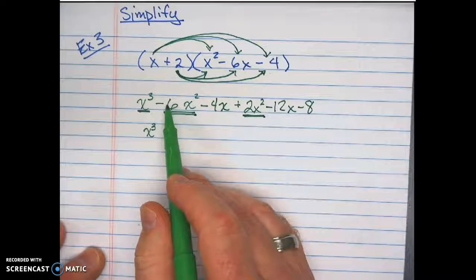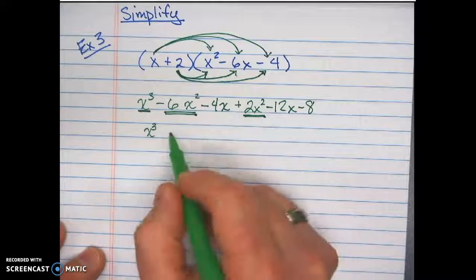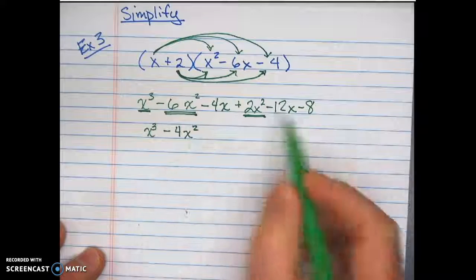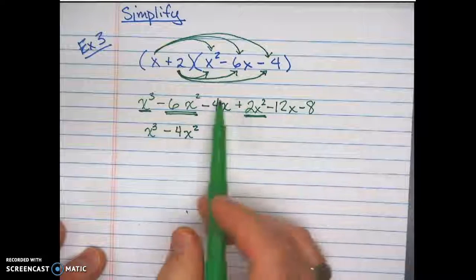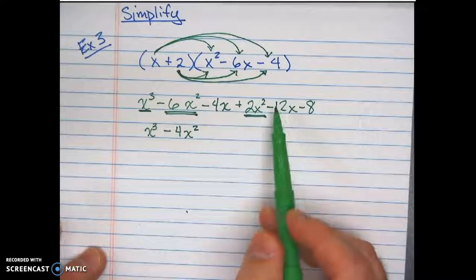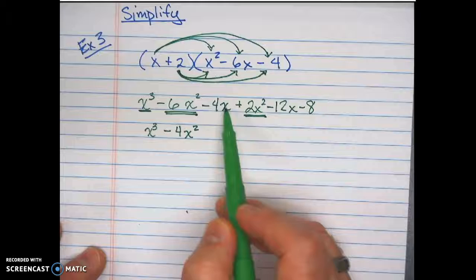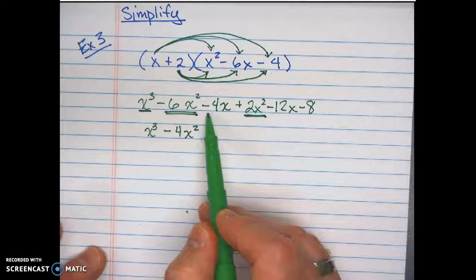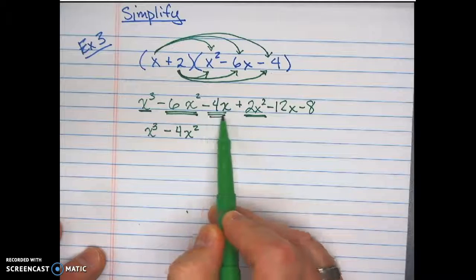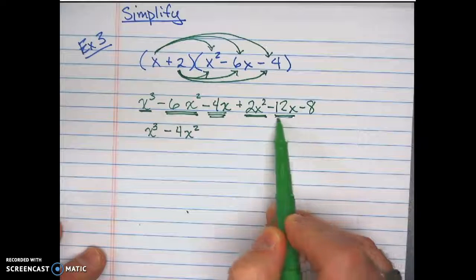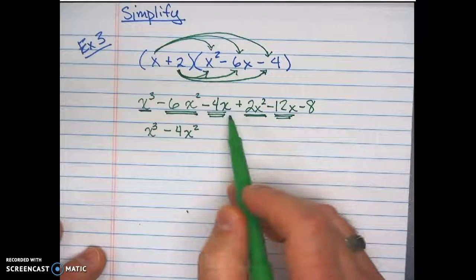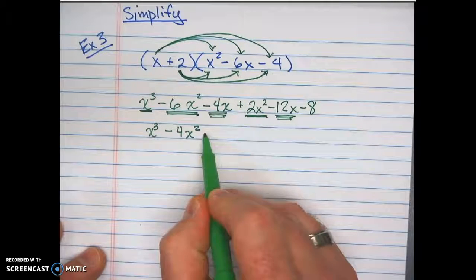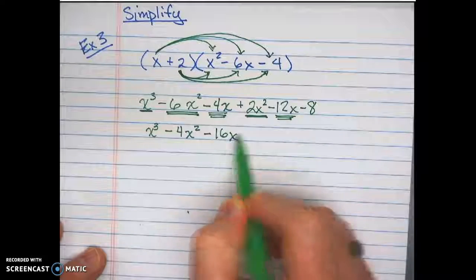So negative 6 plus a positive 2, we're going to end up with a negative 4x squared. Now again, I'm just going through and checking off whenever I have like terms. Like terms are when we have anything that are similar or the same, they have to be the same. So in this case, I've got a negative 4x here, and I've got a negative 12x here. When I combine those, I got a negative 4 plus a negative 12. I'm going to have a negative 16x.